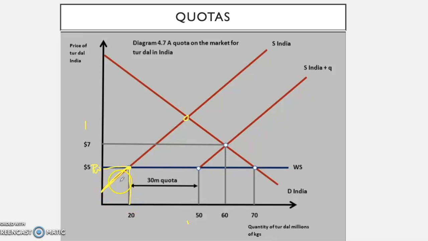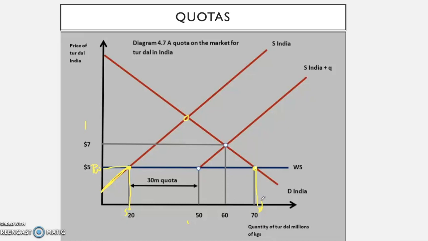So they can supply 20. However, in the international market, on the world stage, the price is lower. Hence, what we find is that 70 is being demanded. So this would be the supply domestically, and this would be the demand domestically.